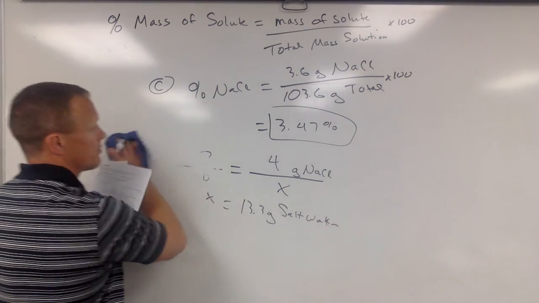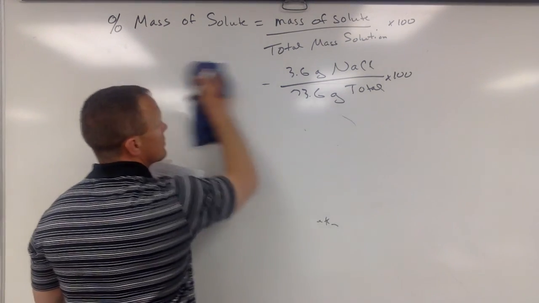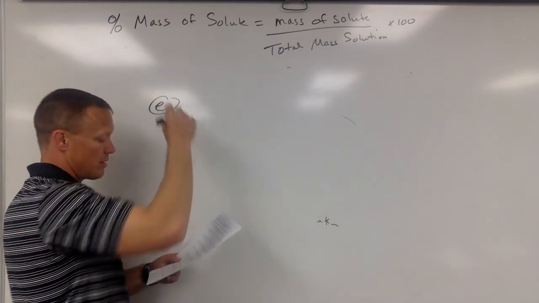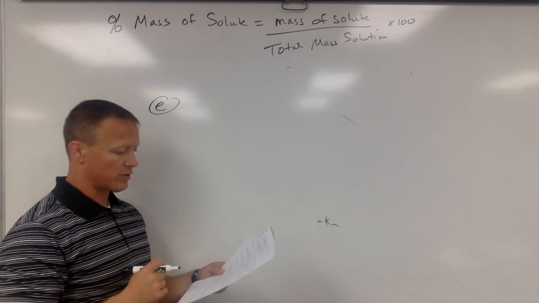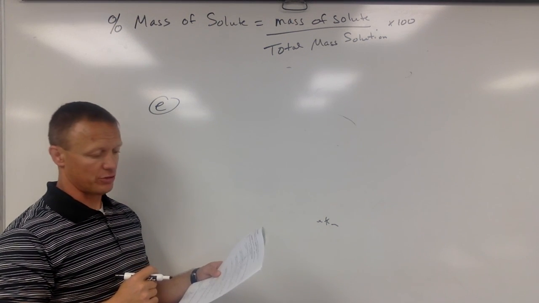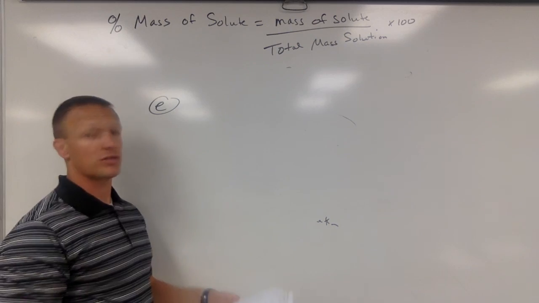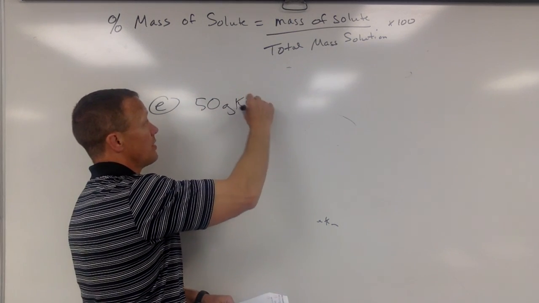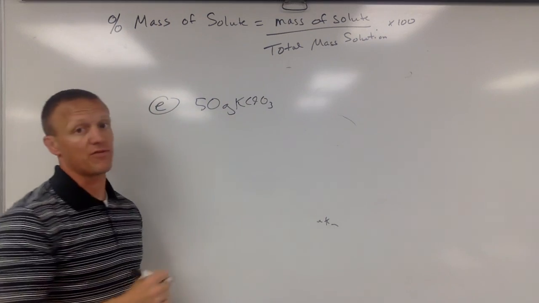Last question on here. It's a little different question, but it's just saying the potassium chloride solution has 50 grams of KClO3 in a liter of solution. How many grams would be in 100 milliliters? It's just a proportion. So I'm going to say there's 50 grams of KClO3. It's not actually asking me for percent.